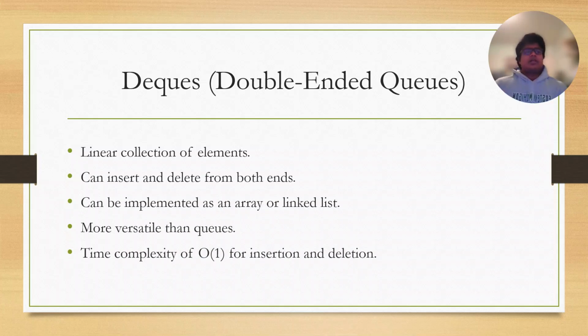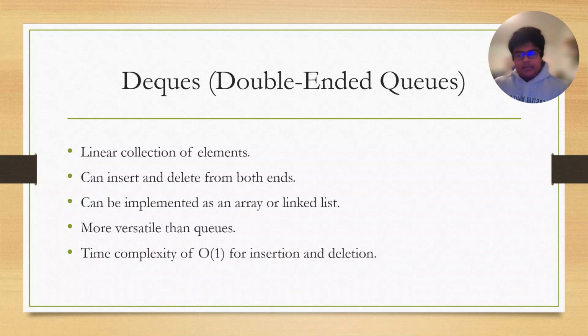If you remember, in queues you can only insert from one side and only delete from the other side. That's how it was implemented. But the specialty of a DQ is that you can insert and delete from both ends. This data structure, as we learned in class, can be implemented as an array or linked list. Due to the fact that it can be inserted into and deleted from at both ends, it's considered more versatile than queues.